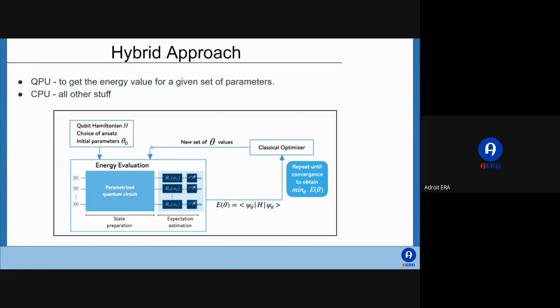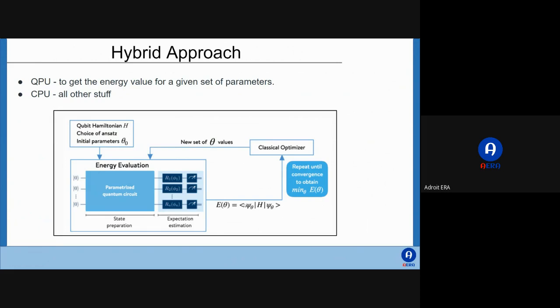Everything else is done by the CPU. The measured output is checked against the ground state value. If it is equal to the ground state value, you stop the process; you don't need to go to the classical optimizer to get new theta values.